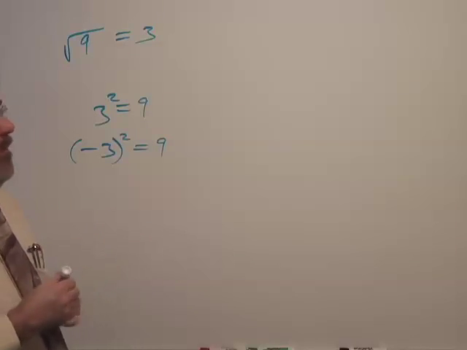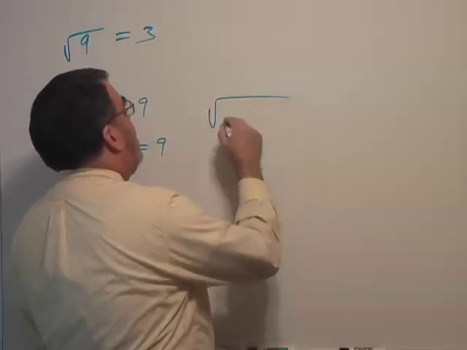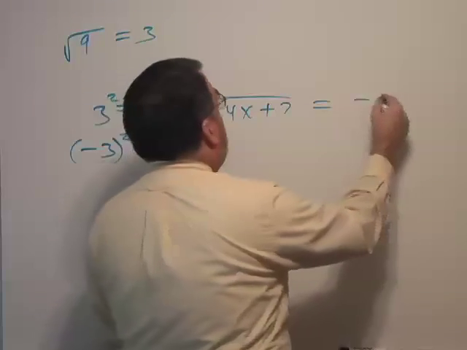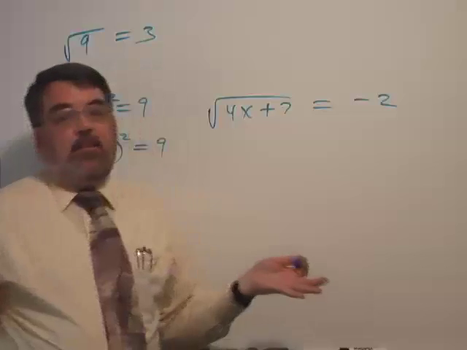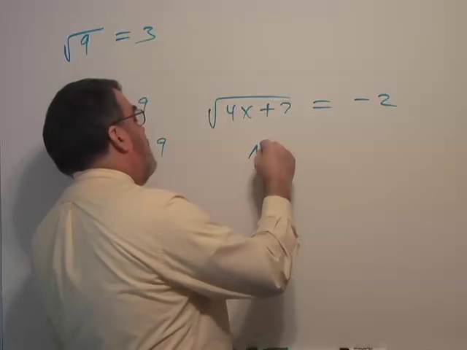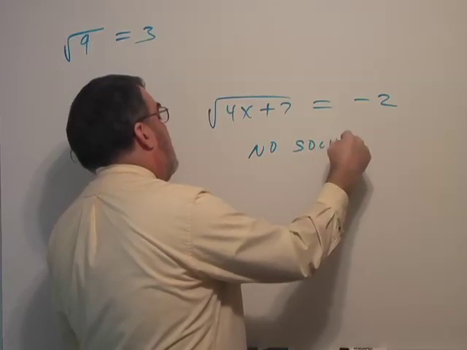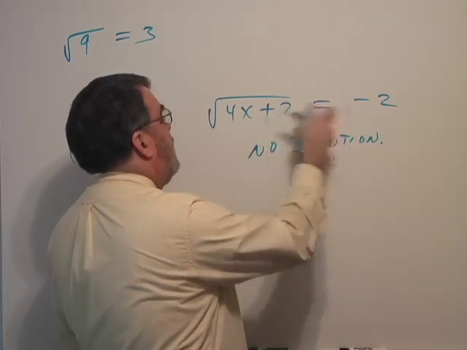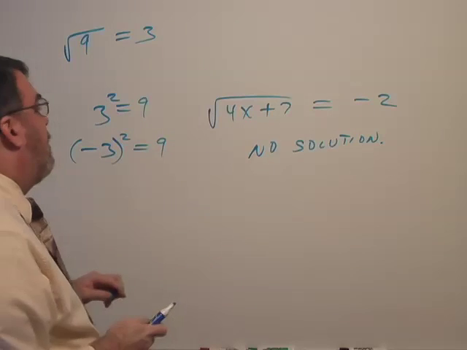So for example, if you had a problem like this, the square root of 4x plus 7 equals negative 2, it cannot be solved. There's no solution, because we cannot have a square root equal to a negative number.